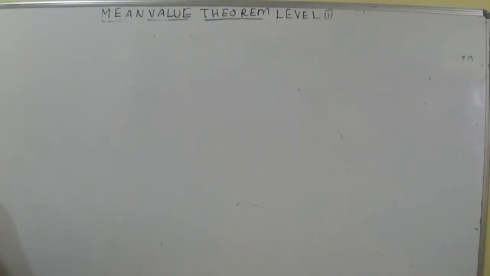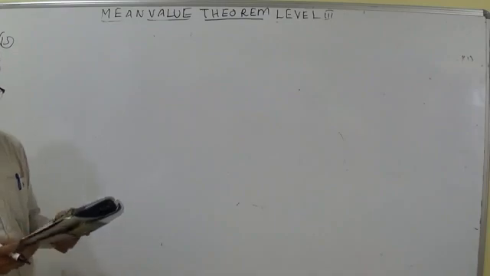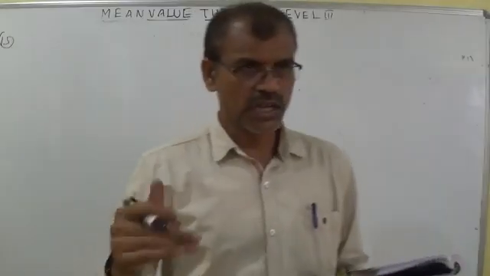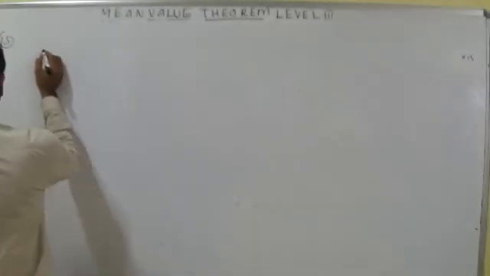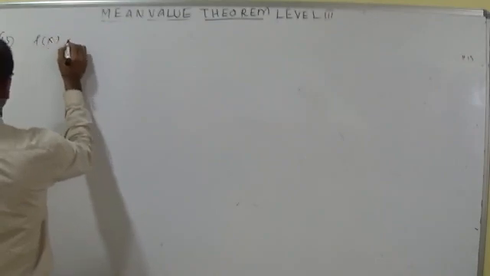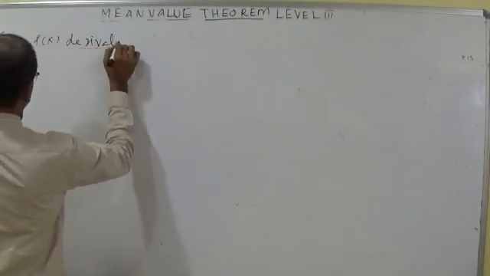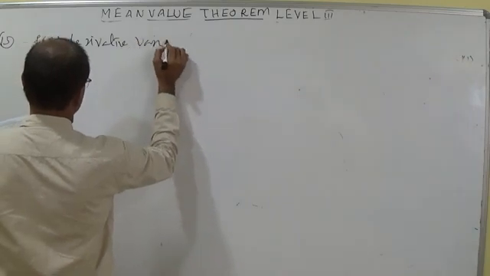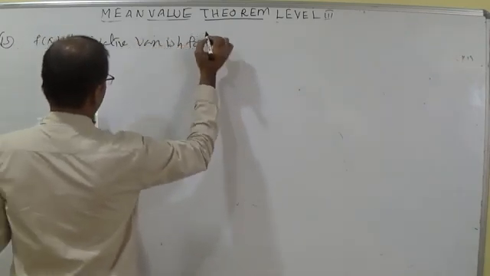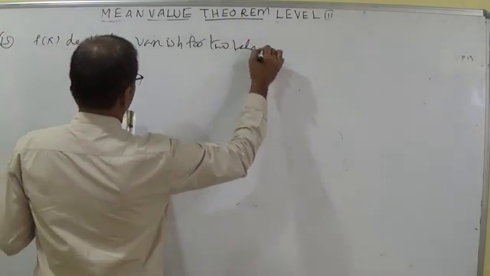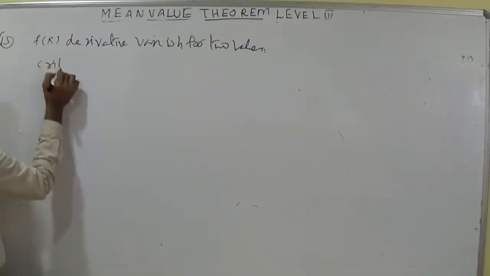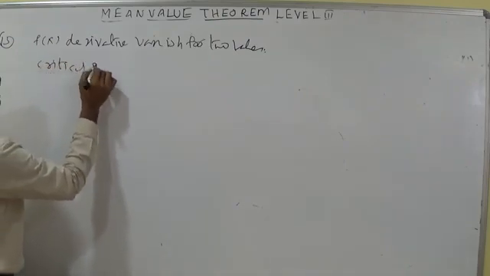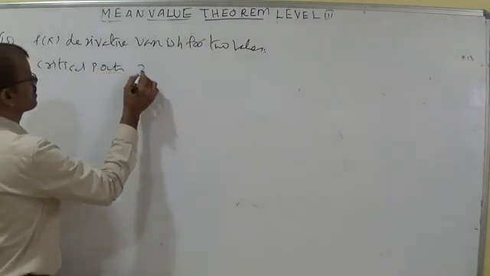So the 13th question: if f of x is continuous and differentiable on R, and its derivative vanishes for 2 values of x, then f of x cannot vanish for more than 3 values. So critical points are 2 values. Whenever f dash x is equal to 0, there you make it critical points.